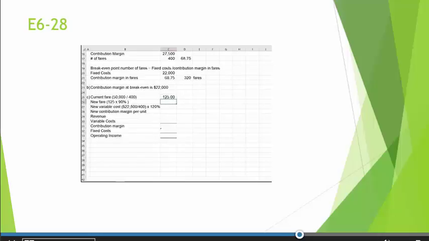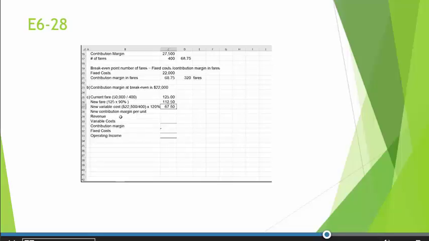If we reduce it by 10%, we take 125 times 90%, so our new fare would be $112.50 for each fare. However, our new variable costs will change. The old variable cost was $22,500 divided by 400 fares, and then we multiply by 120%.